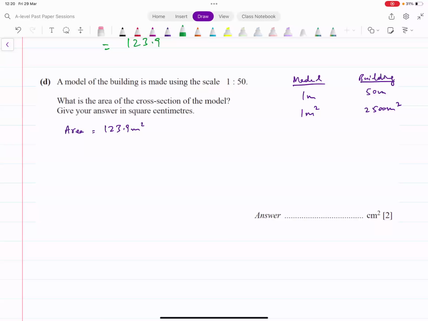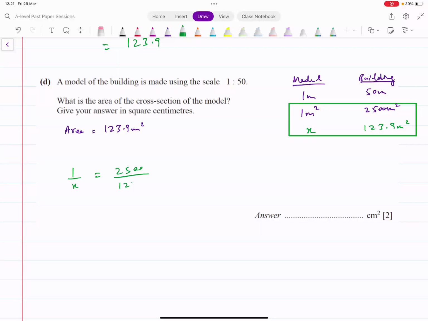You can use ratios here. You can say if 1 meter square corresponds to 2,500 meters squared, what is 123.9 meters squared going to correspond to? So we can cross multiply, or we can make a fraction like this. 1 over x equals 2,500 divided by 123.9.